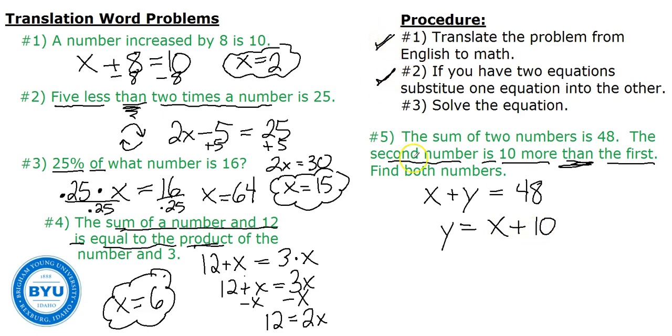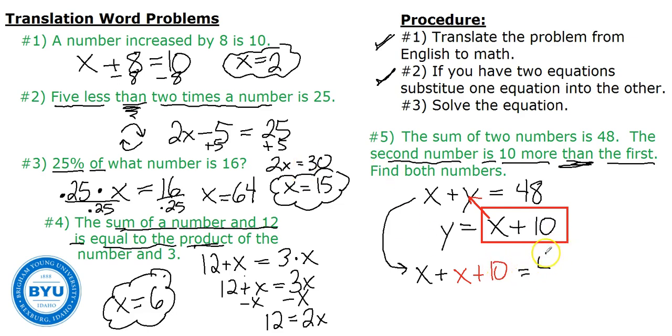So here we're going to have to substitute the second equation into the other one. So we know that this right here is what y equals. Y equals x plus 10. So since that's what y equals, we're going to go ahead and plug that in for this y of the first equation. When we do that, we get x plus, now instead of writing y, I'm going to write x plus 10, because that's what they told us y is. And that equals 48.